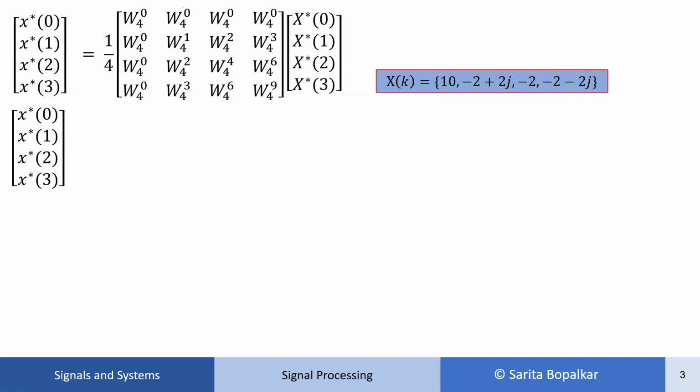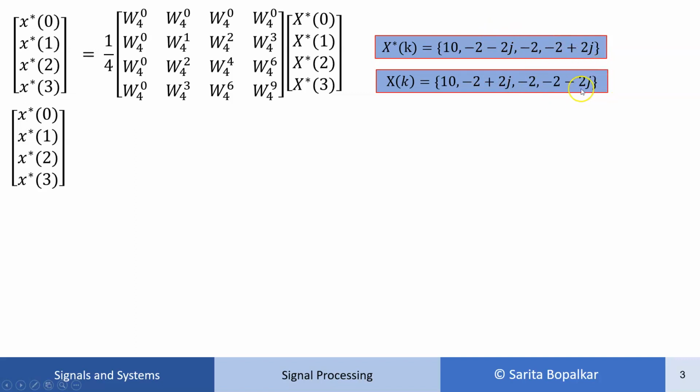Now here you need to take care: instead of inputting x of k directly, we have to take its conjugate, and we have to input x star of k. So its conjugate, x star of k, is 10, real value as it is, then minus 2 minus 2j, its complex conjugate, then minus 2 as it is real value.